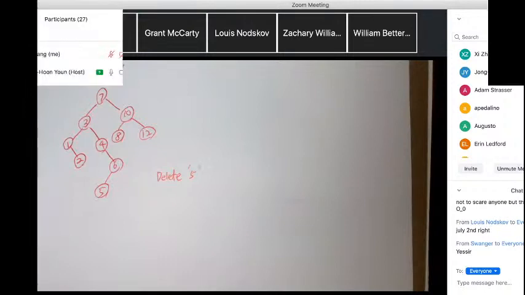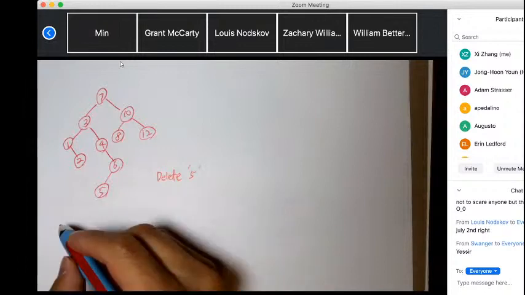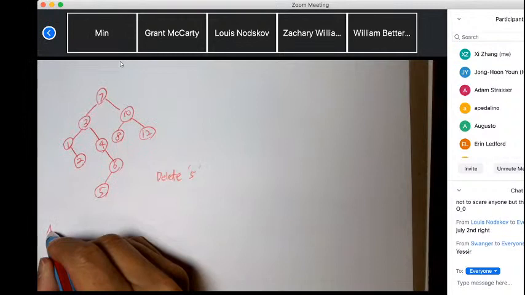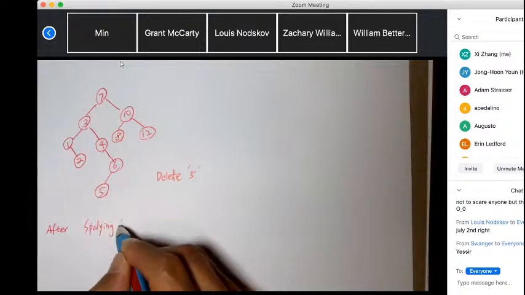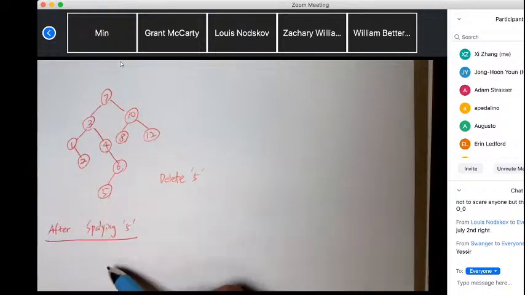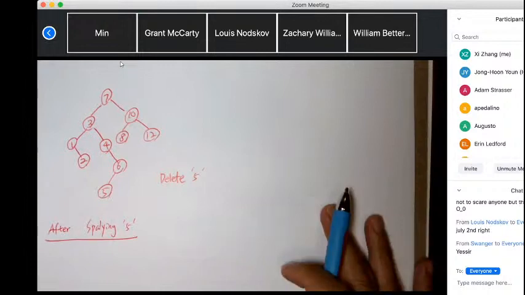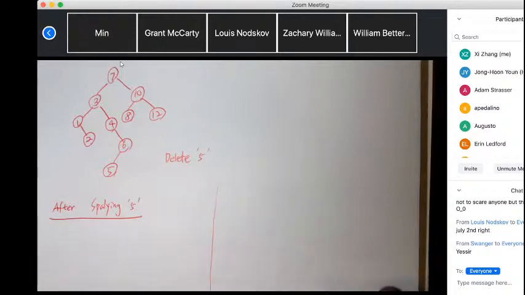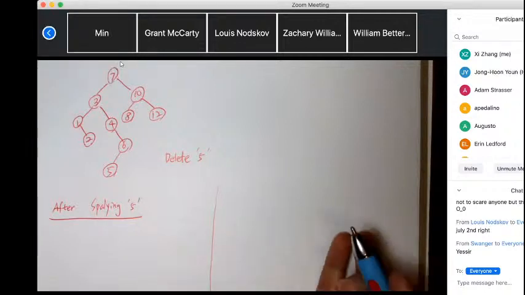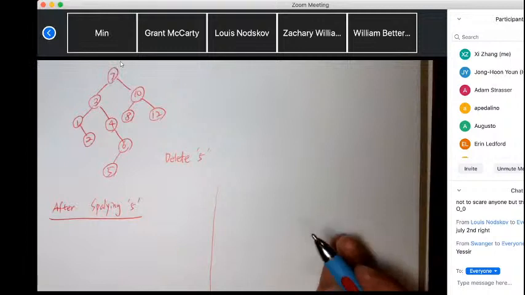For this type of question, you have to show at least 2 trees after splaying 5. Because if you make a mistake later, and this portion of the tree is correct, I will give you partial points. So I encourage you to give some intermediate resulting trees, then you will get some partial points. But if your answer is not correct, and I don't know how you got that answer, then it's very difficult for me to give you partial points. The same thing happened for the midterm exam too.